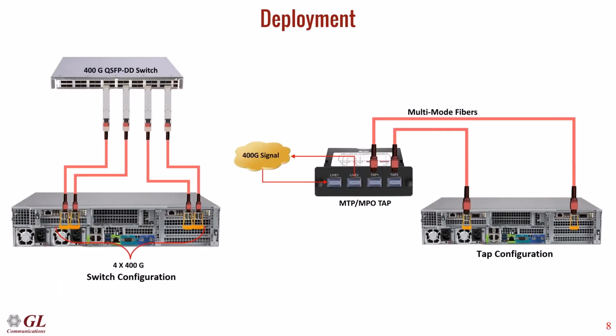Okay, so how do you deploy this high-speed capture system? There's two main ways you can deploy it. One is by connecting to mirror ports on a switch. So that's this left-hand depiction. You connect to mirror ports on a switch.